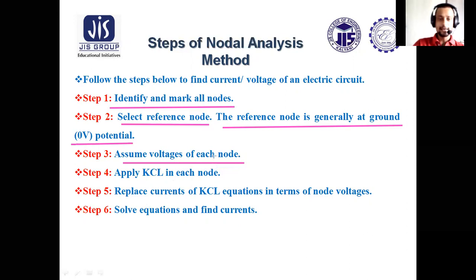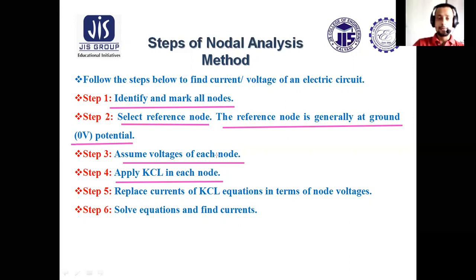The next part is to assume voltages of each node. As I said, node voltages are to be measured with respect to ground potential or the reference node. So we need to assume the voltage of each node with respect to ground potential. Next, we must apply KCL in each node. Once KCL is applied in each node, for each node we will have one KCL equation.